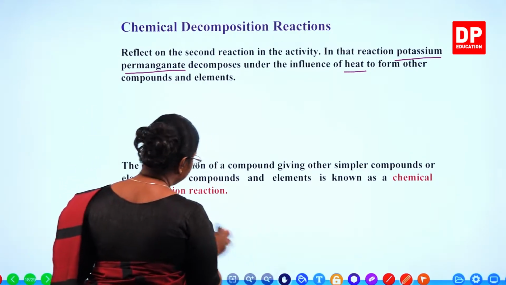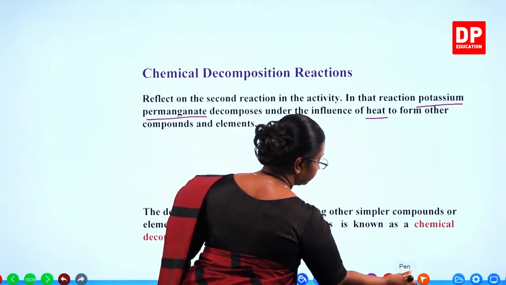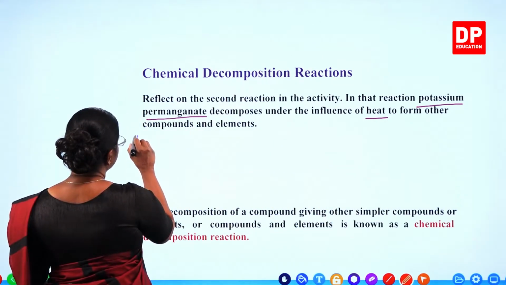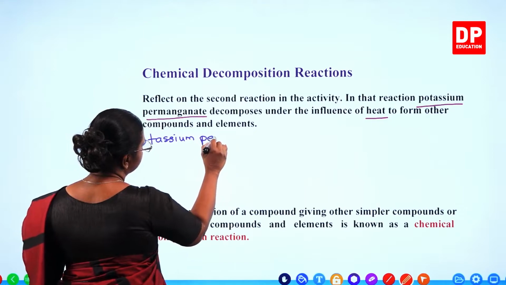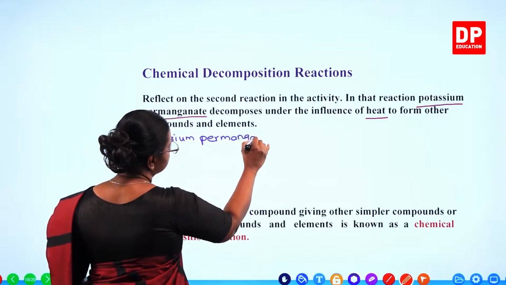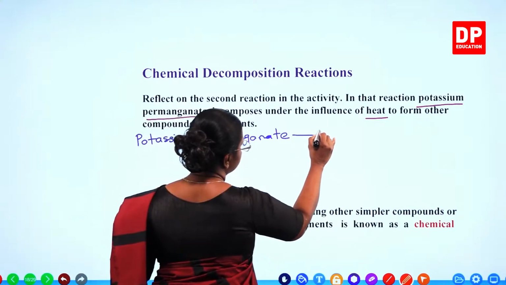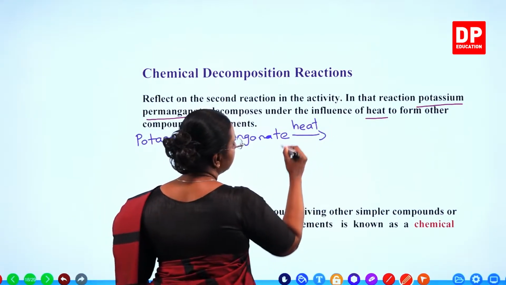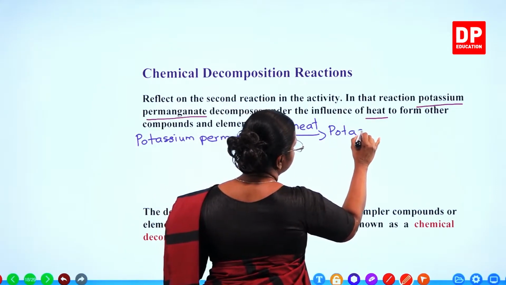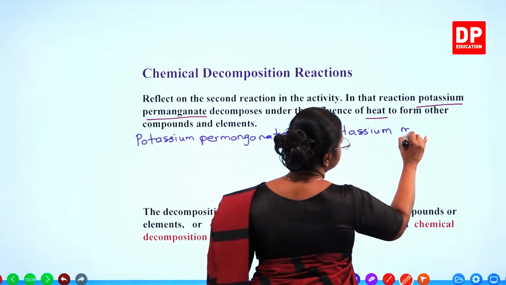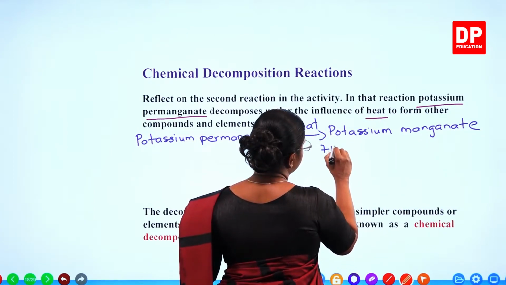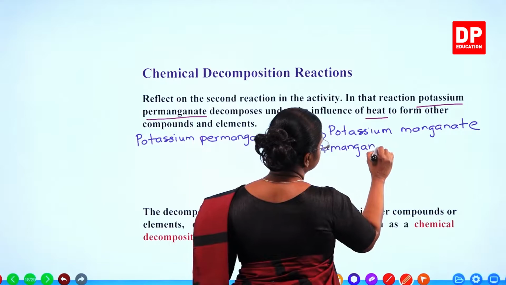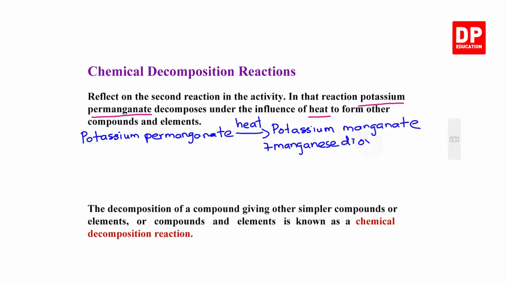So, when potassium permanganate on heating decomposes and forms potassium manganate, manganese dioxide and oxygen.